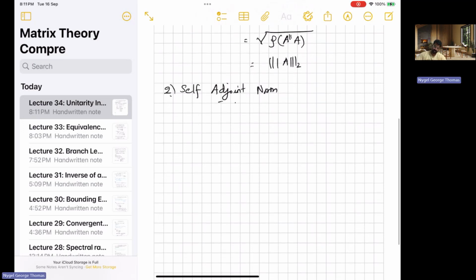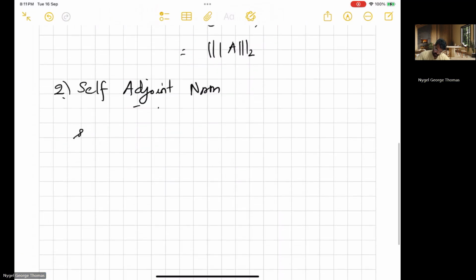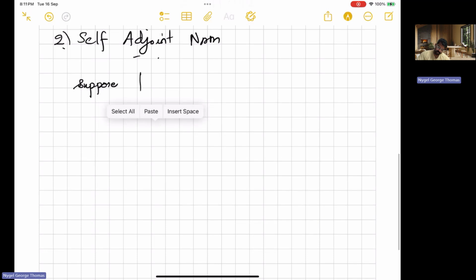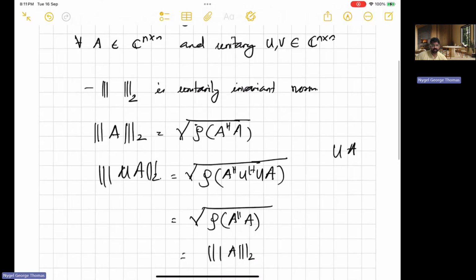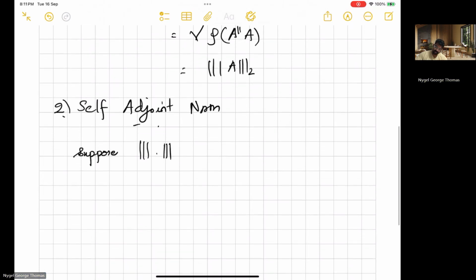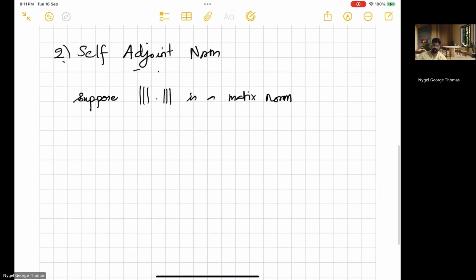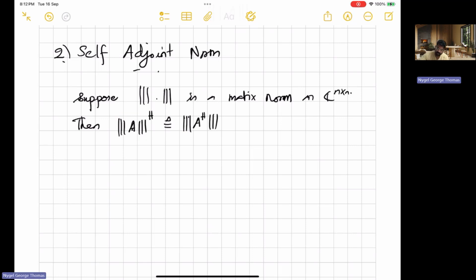A self-adjoint norm: suppose we have a matrix norm on C^(n×n). Then the norm of A Hermitian, which is defined as the matrix norm of A Hermitian, is also a norm.